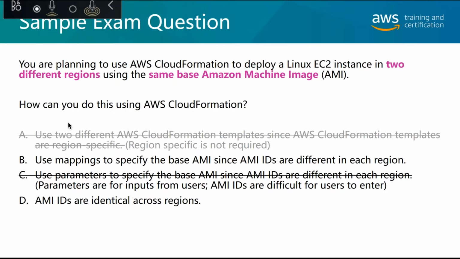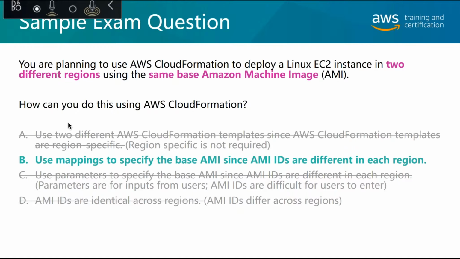Since CloudFormation templates are region specific, actually you don't have to do that. Remember I said that AMI IDs are the ones that are specific to a region. You just create a mapping section in your CloudFormation template, and you make sure that you have the AMI ID for different regions.